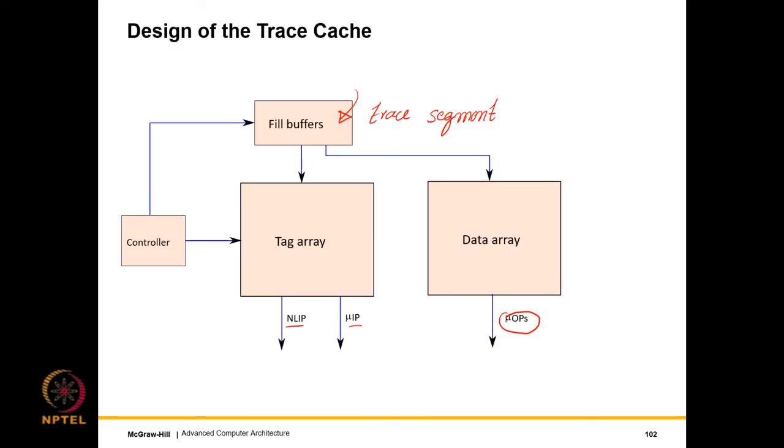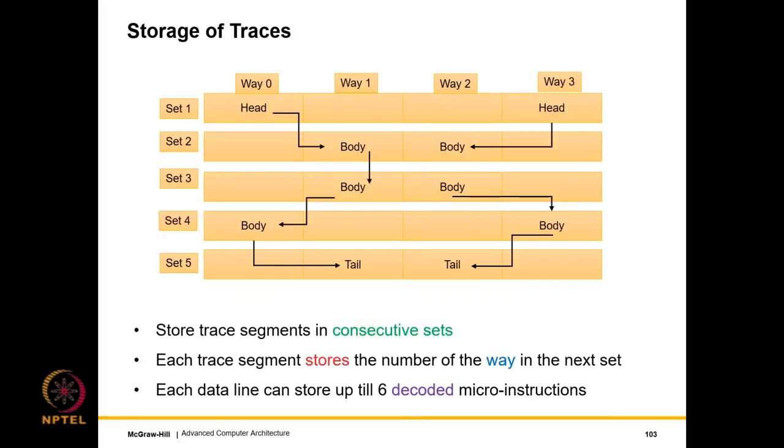So now we will discuss what exactly is stored where. So here is the broad idea, right? Pretty much every cache line stores a trace segment. So let us visualize the cache set wise. Let us assume that each row is a set, and within each set this is a 4-way associative cache. So we have 4 lines in each set.